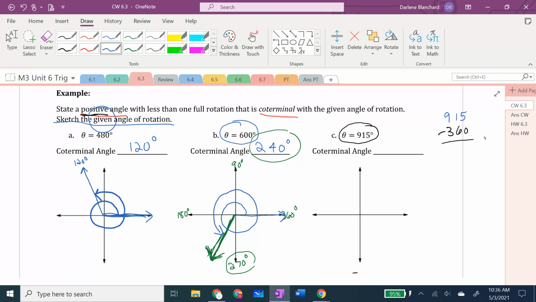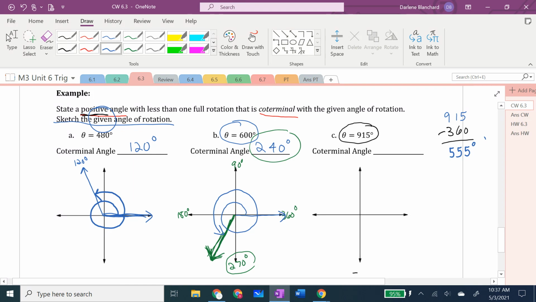What is 915 minus 360? You're subtracting 720. And you just said 500. I didn't catch that. All right.